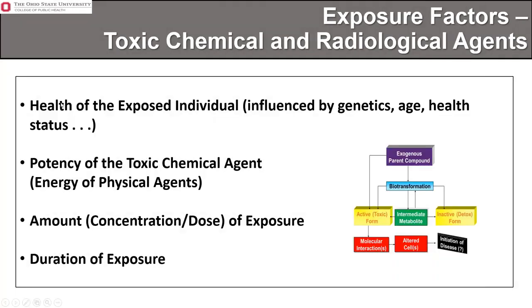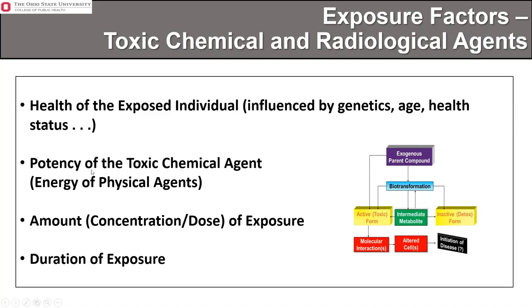And so you'll see some similarities here, which I did intentionally when we look at toxic chemicals and radiological agents: health of the exposed individual. And this can include immune system, but also biotransformation, phase 1 and phase 2 metabolism activity can be involved.